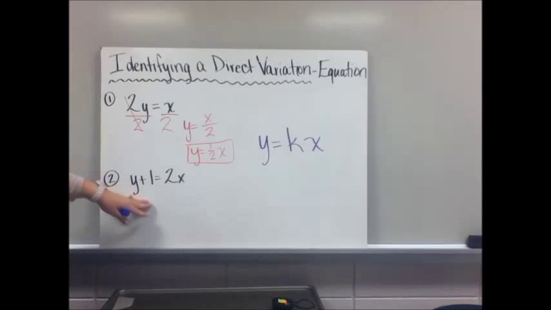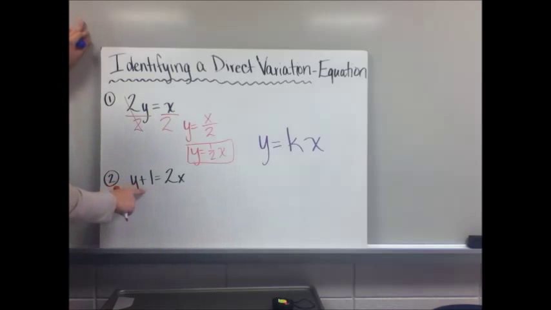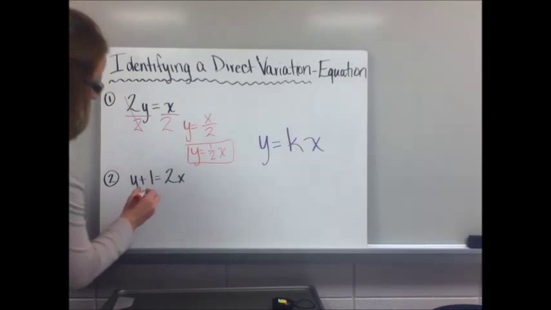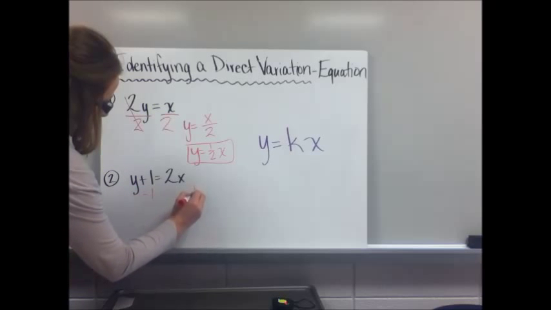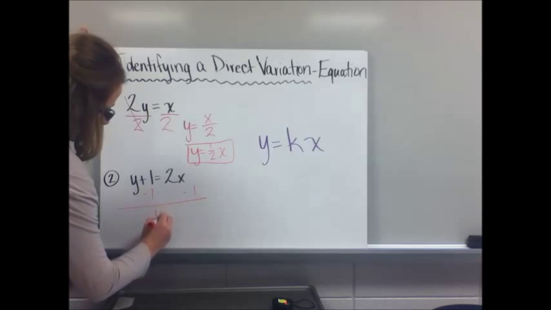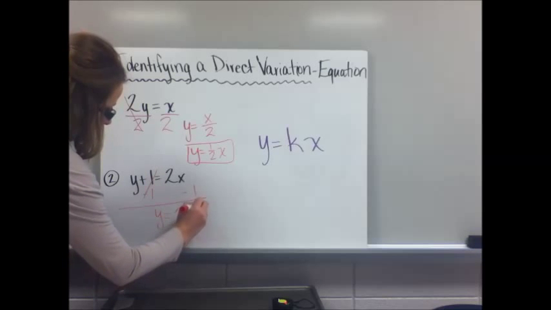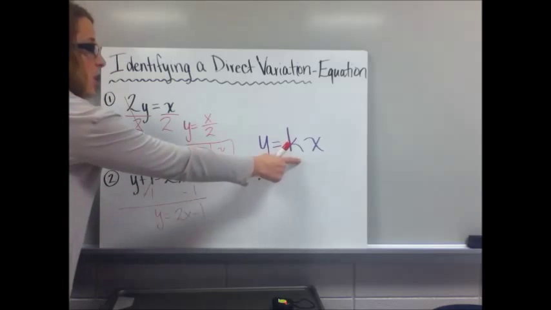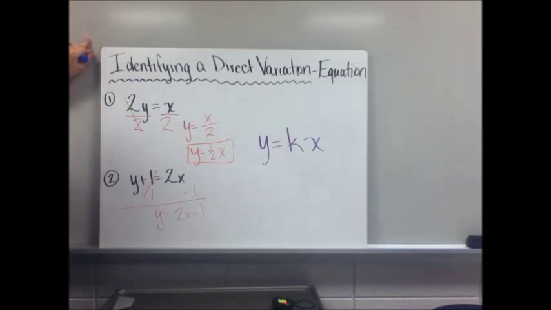On number 2, if I'm wanting to isolate y, y is having 1 added to it, so I undo adding 1 by subtracting 1 on both sides. So y would equal 2x minus 1. And this does not look like our formula because it has that subtracting 1 on the end.